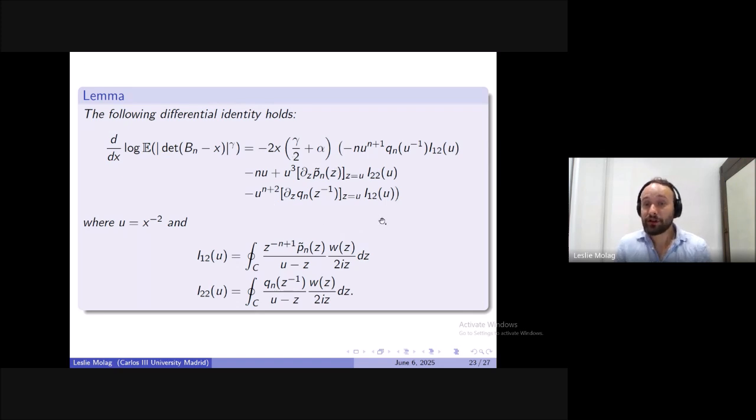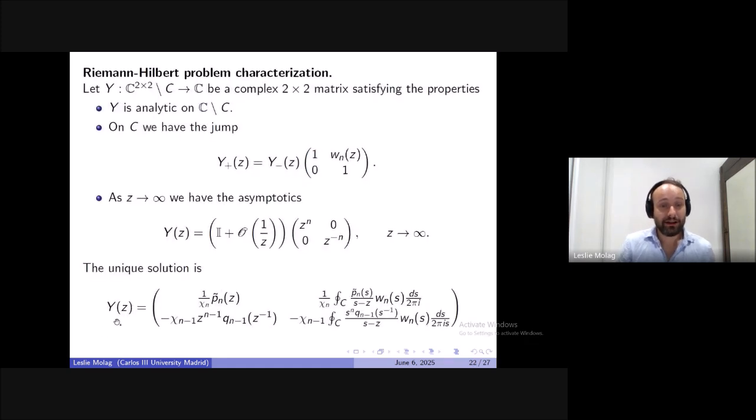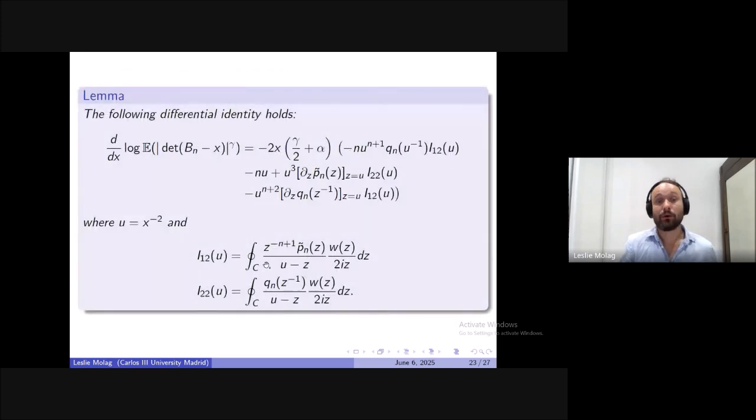And what's important to note is that every expression that you see here, so the q_n or the p tilde_n, etc., they are all in this solution Y. Everything you need is in the solution Y. So if you understand the large n behavior of Y, you also understand the large n behavior of the moment of the characteristic polynomial. Well, okay, the derivative of this, I mean, you have to do some work, but yes.